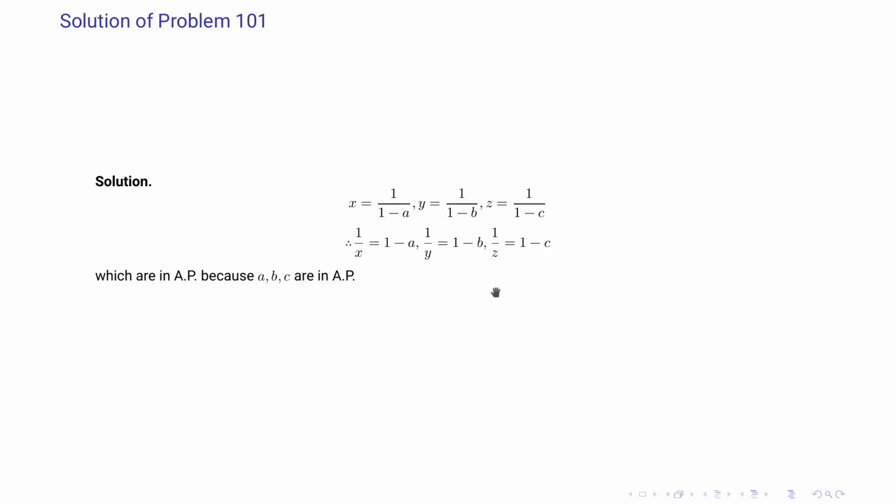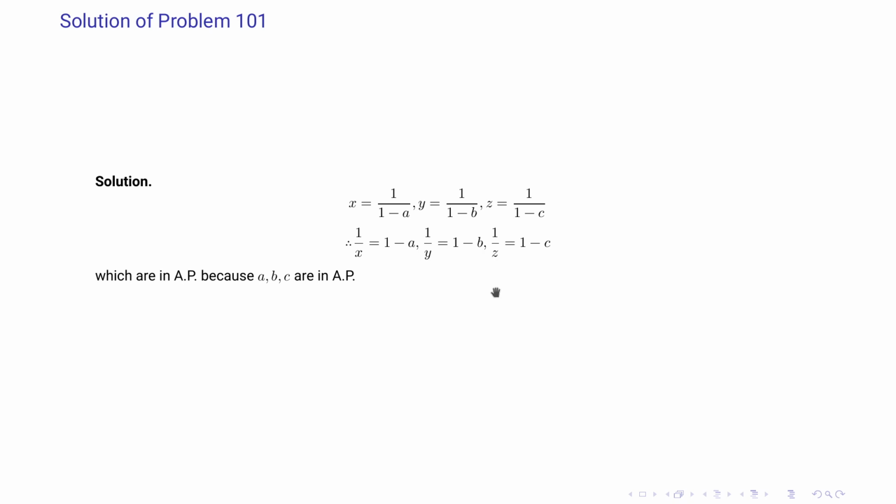So clearly this is sum of infinite series in GP. So for x we get it as 1 by 1 minus a because our common ratio is a, y is equal to 1 by 1 minus b, and z is equal to 1 by 1 minus c. That is from the formula of a GP for infinite number of terms.